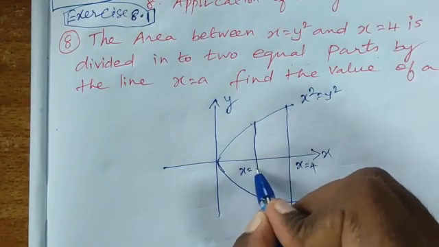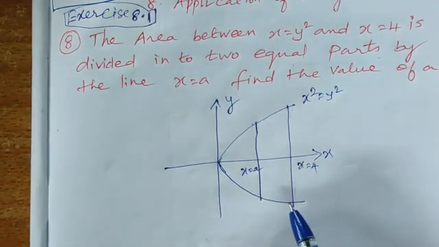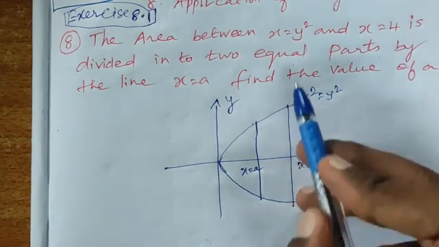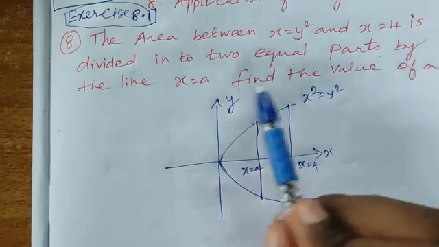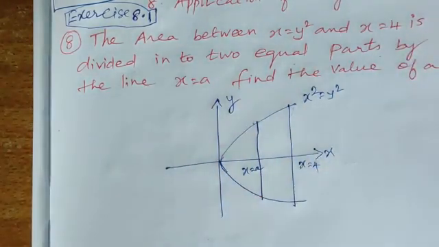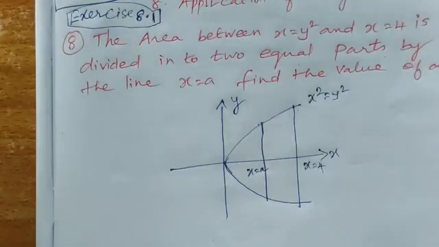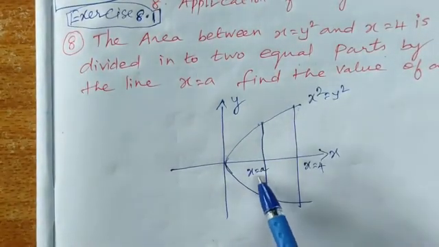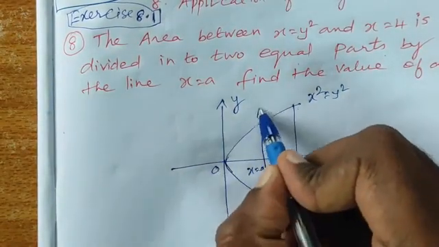So the line x equals a lies inside the curve. Now we have to find the area between x equals y square and x equals 4. The line x equals a divides it into two equal parts. Therefore, name it as OAB.